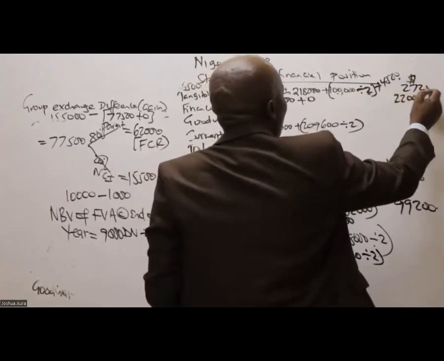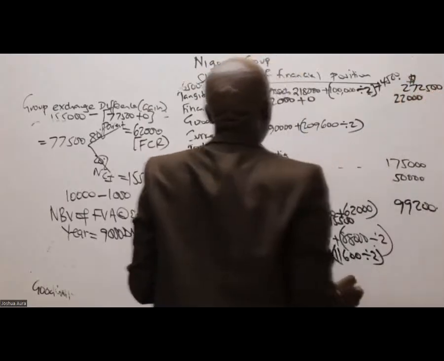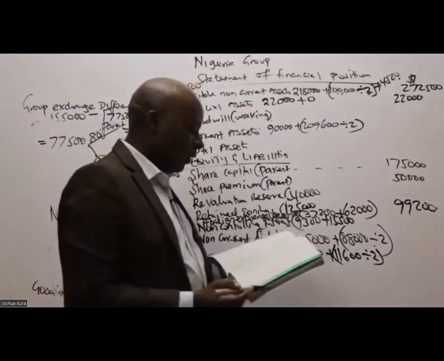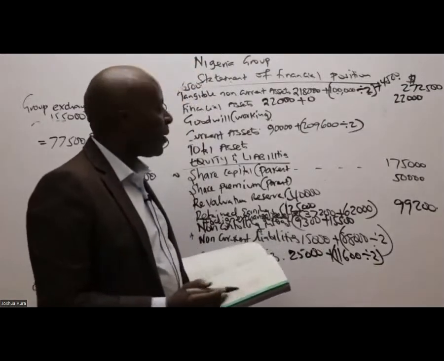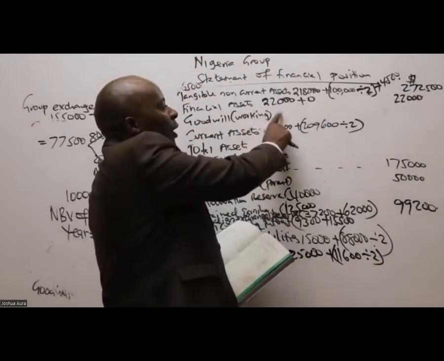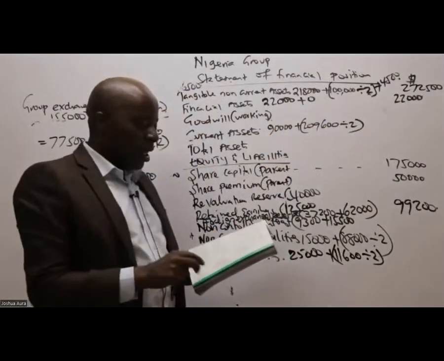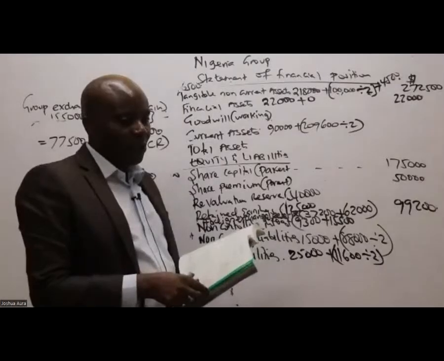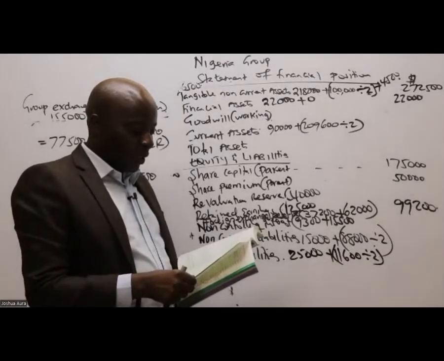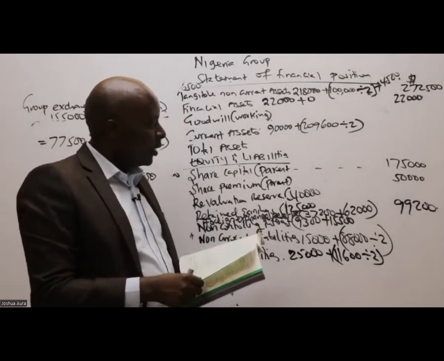Let's go slowly here, 272,500. Let's go very slowly here, give me goodwill. Goodwill at reporting, how much should I write here? Remember we already have the figure.